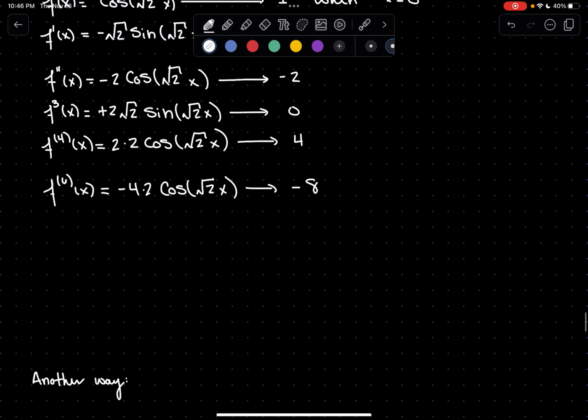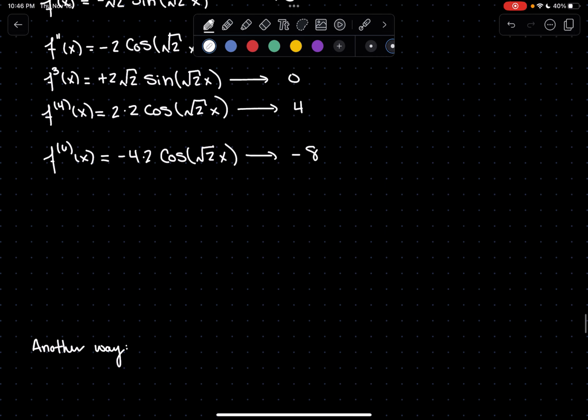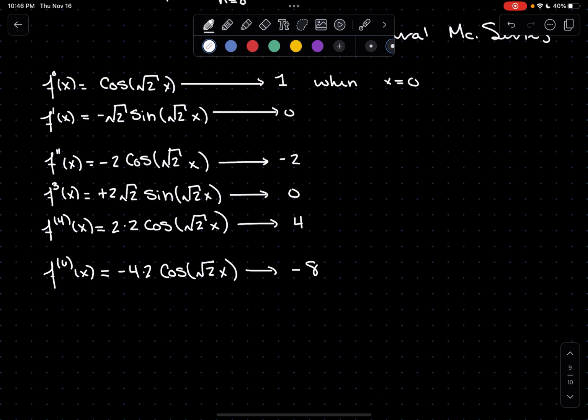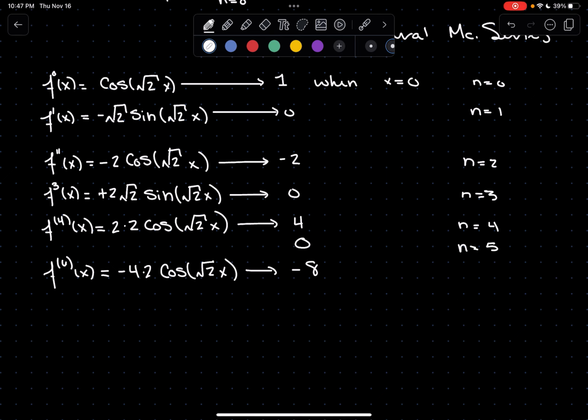So we can see that, sorry, I see why I wrote this when n equals 0. So this is for n equals 0, n equals 1, n equals 2, n equals 3, right? Third derivative, n equals 4, I'm going to say 0 when n equals 5, and n equals 6.